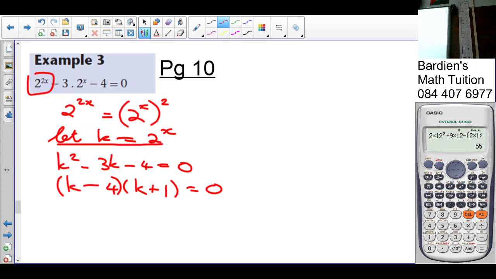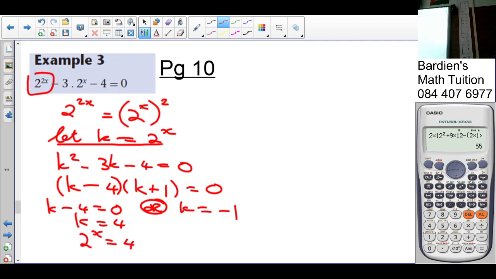You all agree with that? So what do I do now? Solve for k. So k minus 4 equals 0, so k is equal to 4. Or k is equal to negative 1. But what is k? What is k? 2 to the x.